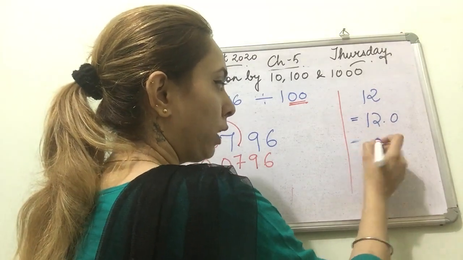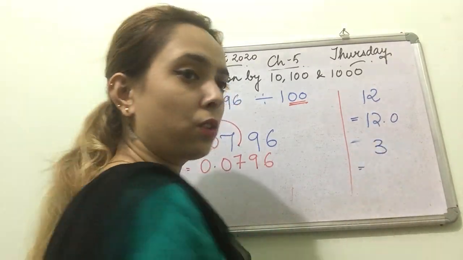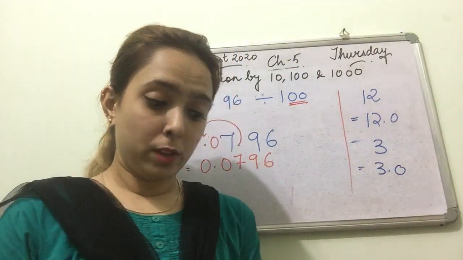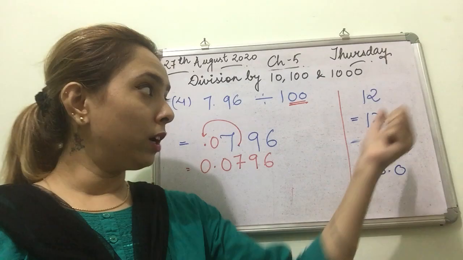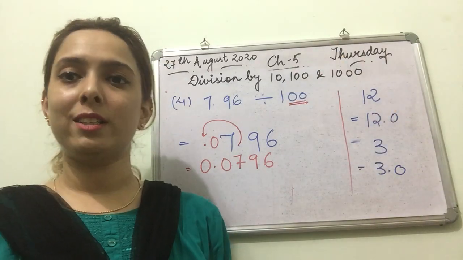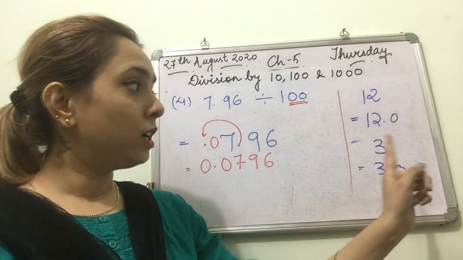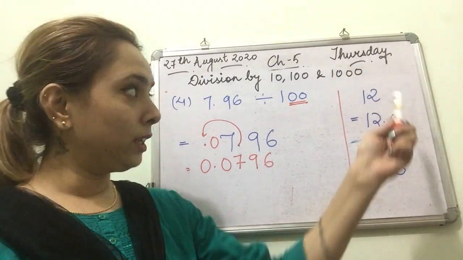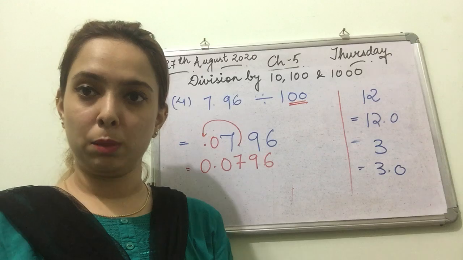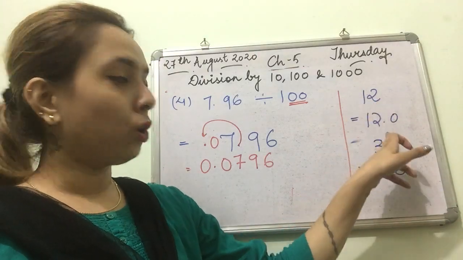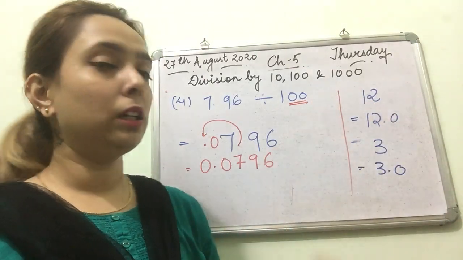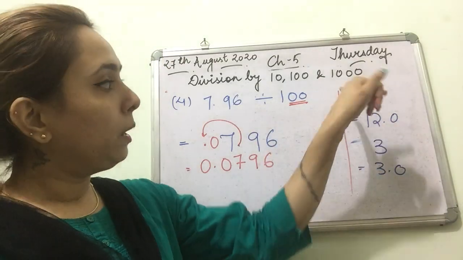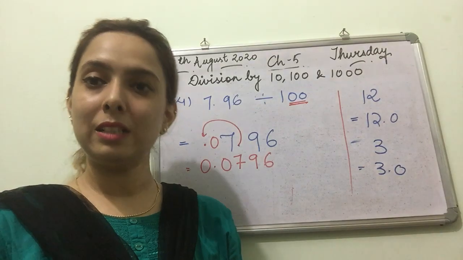If I want to write the decimal number for 3, you will write 3.0. Always, converting a whole number into a decimal number, you will put the decimal after the number. Either you can write it like this or like this. The meaning of both these numbers is the same, but the name is different. It is a whole number and it is a decimal number.